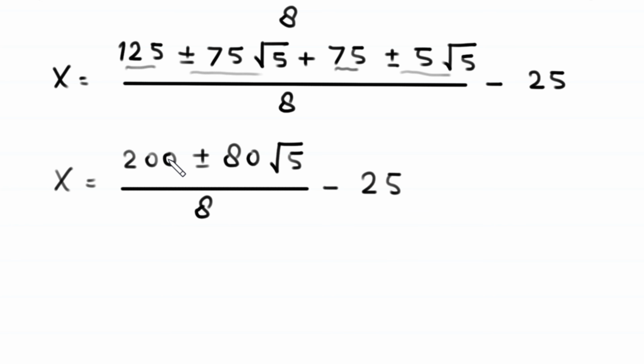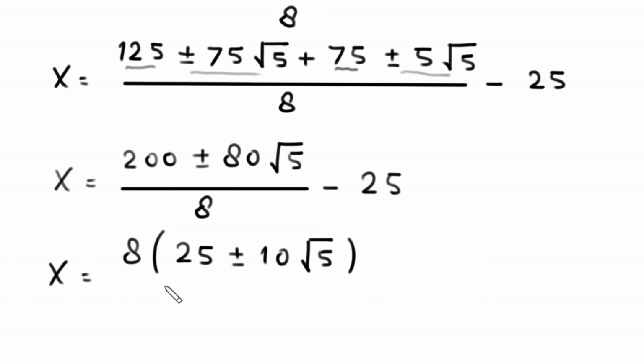From the numerator we can factor out 8. So this will become x is equal to 8 as common factor in bracket left 25 plus minus 10 times root 5 divided by 8 minus 25.